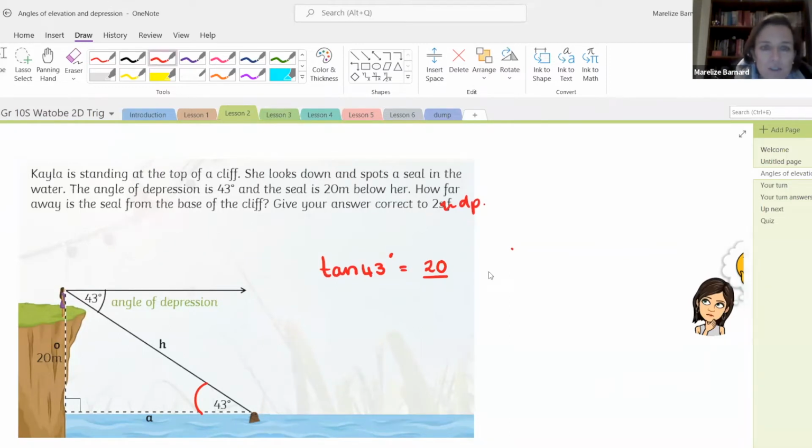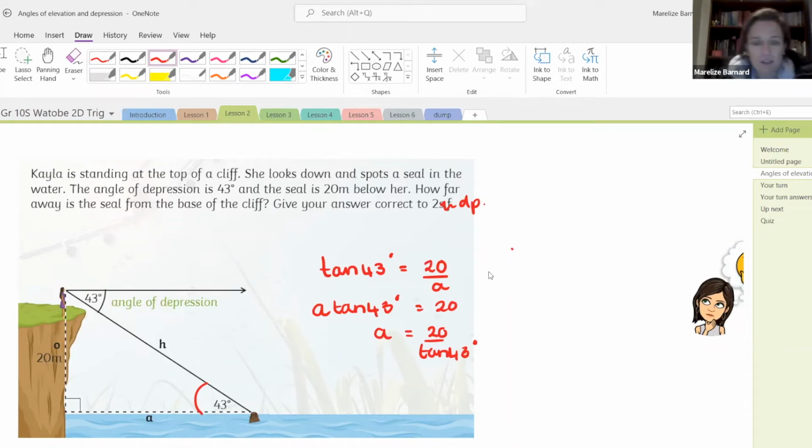So tan of 43 is 20 over the adjacent side, the distance from the cliff that we want to find of the seal. So to solve for A, tan of 43 is equal to 20, and then A is 20 over tan of 43.